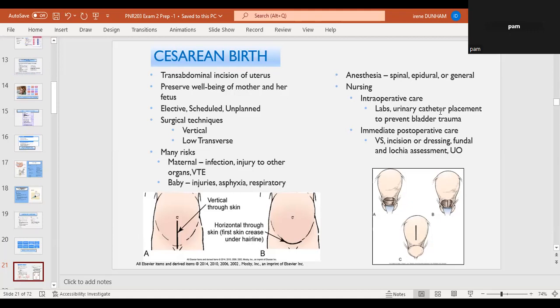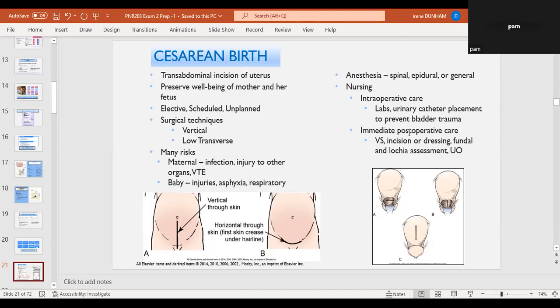Then you have your urinary catheter placement, as I told you, to deflate the bladder and prevent bladder trauma. I've seen it happen where we had to inject methylene blue and see if it comes out in the Foley catheter, so you can tell. You don't want to get there, because if you have a problem, you have to get a urologist.